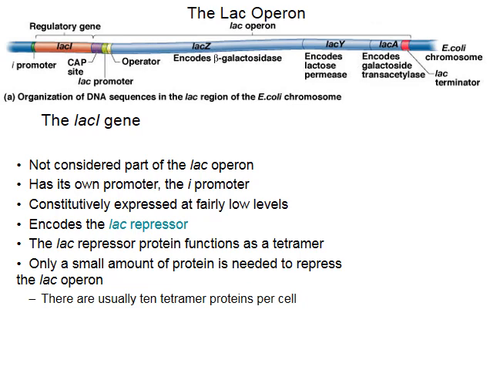The regulatory gene, the promoter for the regulatory gene is what's known as a constitutive promoter. And what that means is that that gene is expressed at constant levels. So regardless of circumstances within the cell, changing conditions, this gene will always be expressed at the same level. The product of the gene is known as the lac repressor protein.